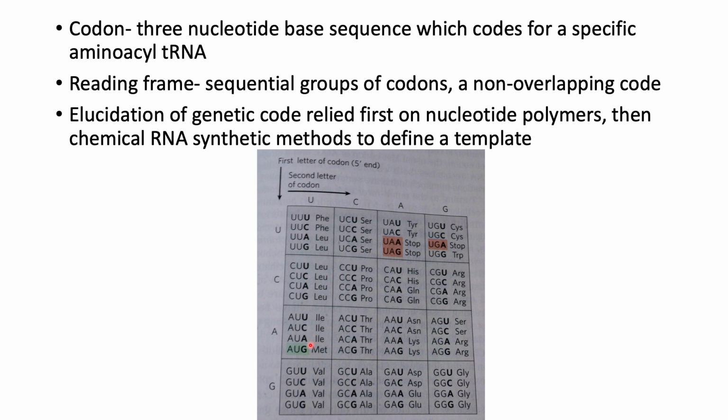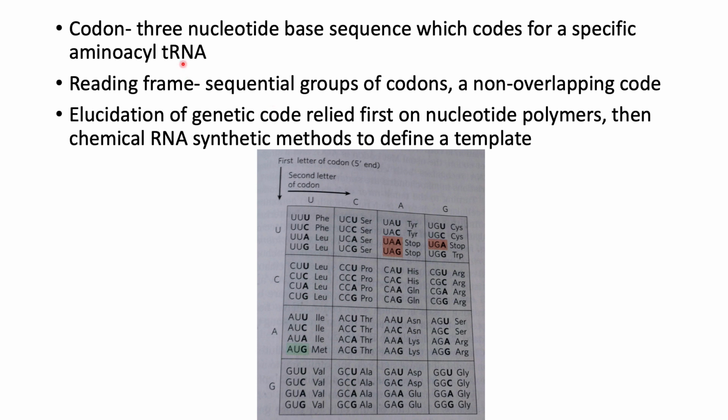For example, methionine is the initiator sequence uniformly with an AUG, and there are 3 stop codons, UAA, UAG, UGA. So when the complex encounters one of these codon sequences, protein synthesis stops.